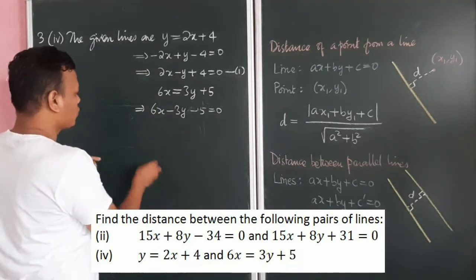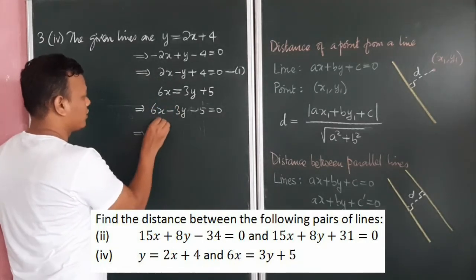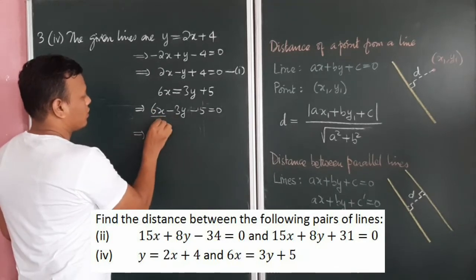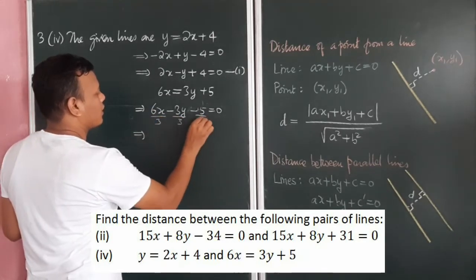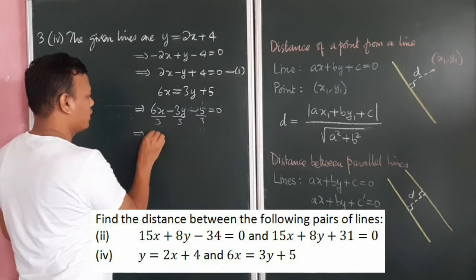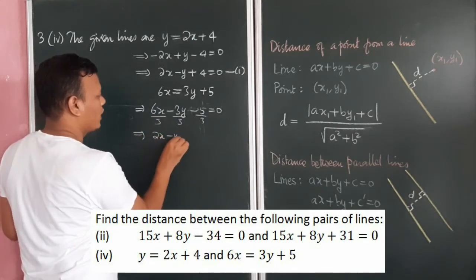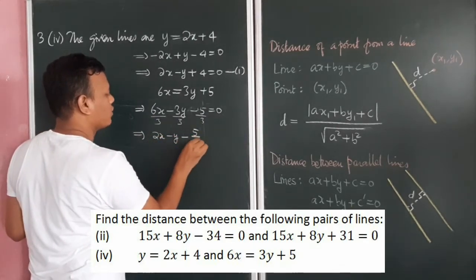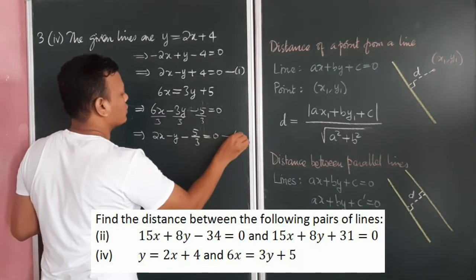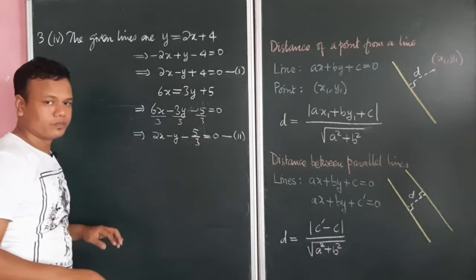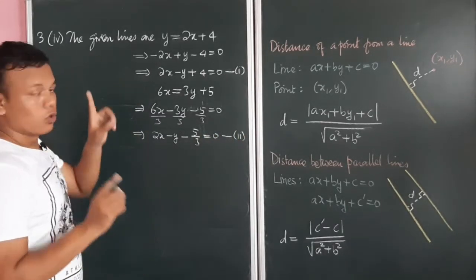Okay, so dividing both sides by 3, this becomes 2x minus y minus 5 by 3 equals 0, and you can call this equation 2. Okay, so hope this is clear.